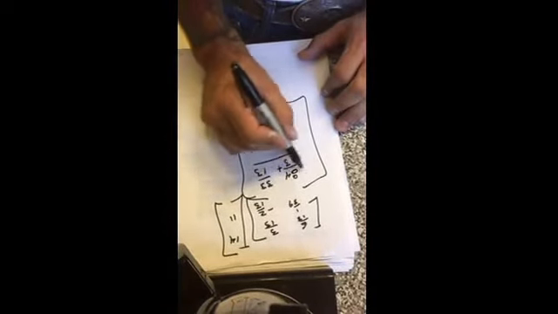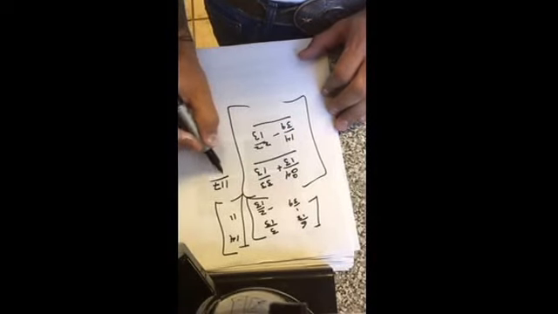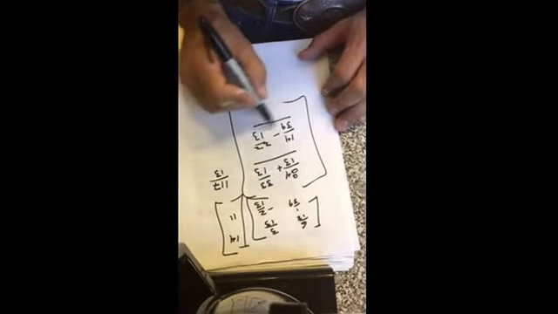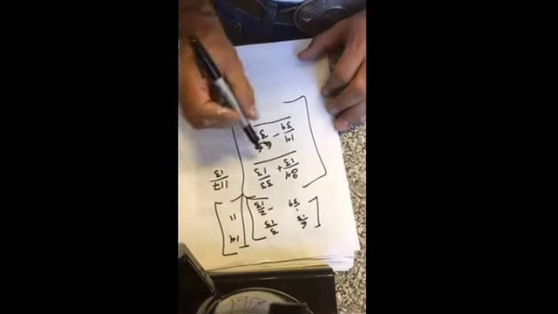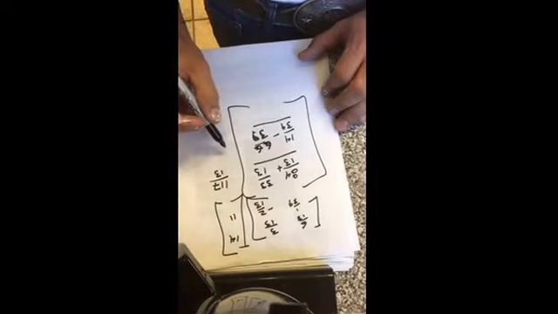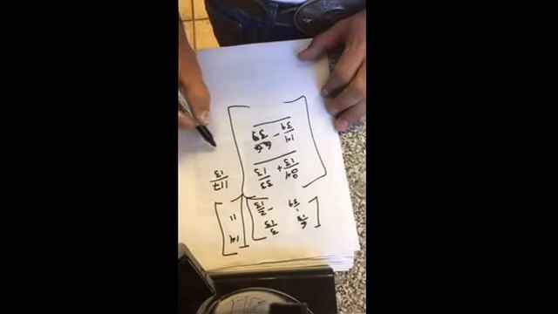That's going to give me 117 over 13. This, I need to get a common denominator, so I'm going to multiply this by 3. So that's going to give me negative 52 over 39.